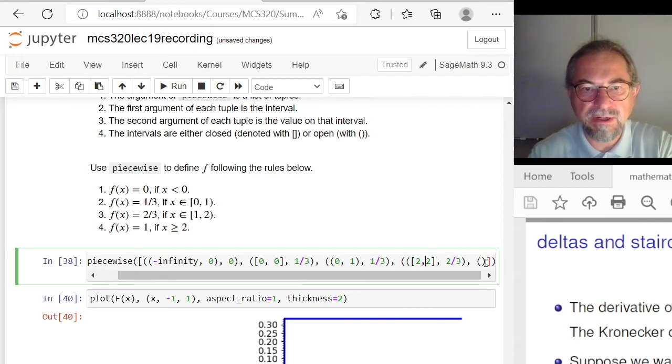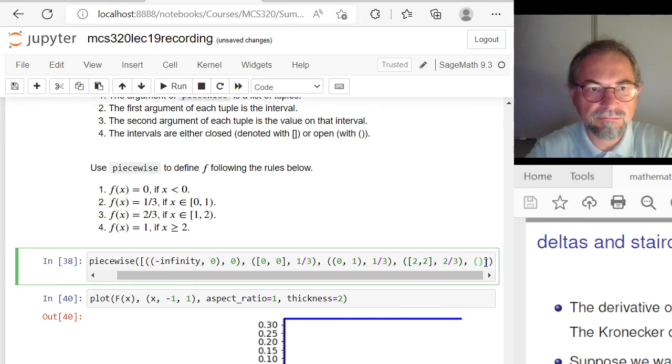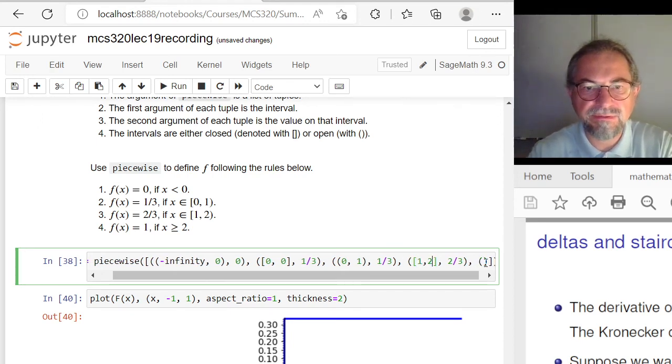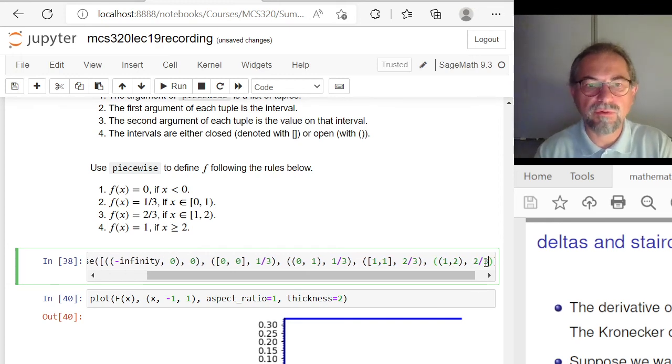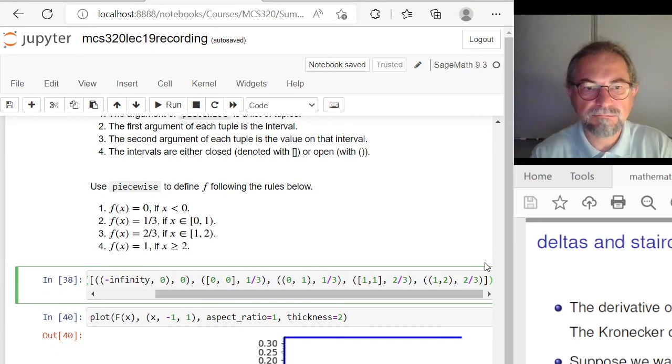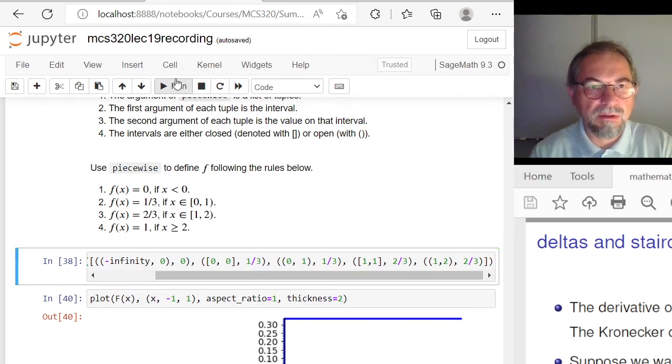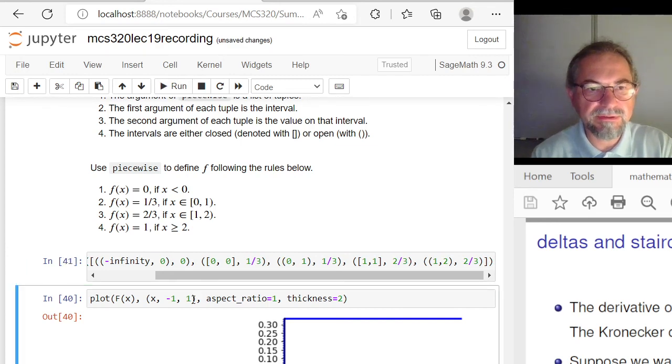I have too many brackets here. But now the interval, I went too fast, so this is 1, 1, and then I have the open interval 1, 2, where the function value is also 2 over 3. And I hope that this went well. Apparently it did. And now I can check the plot.